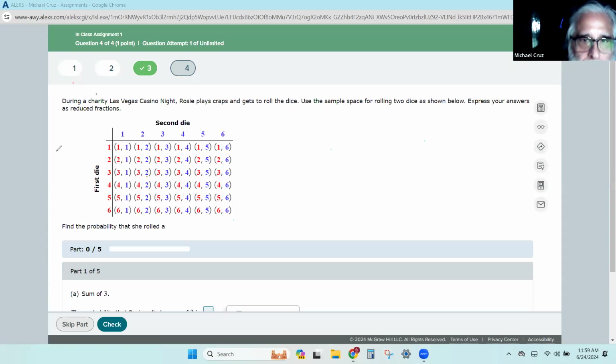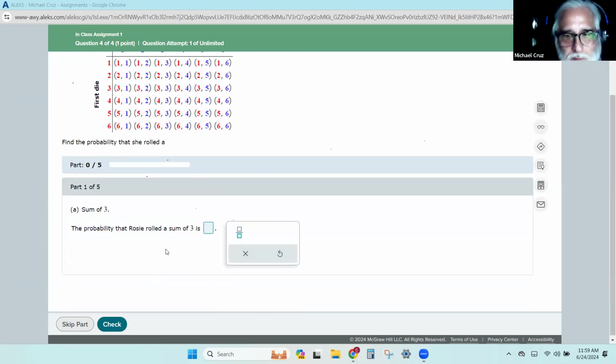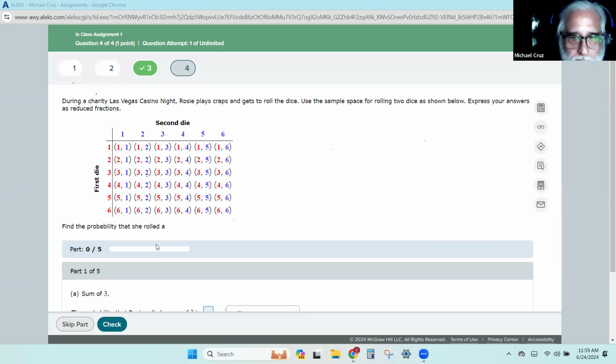All right. Now, these are asking for sums. So we want to find on this one the sum of 3. So that means that the 2 numbers on the die need to add up to 3. So this one does it. This one does it.